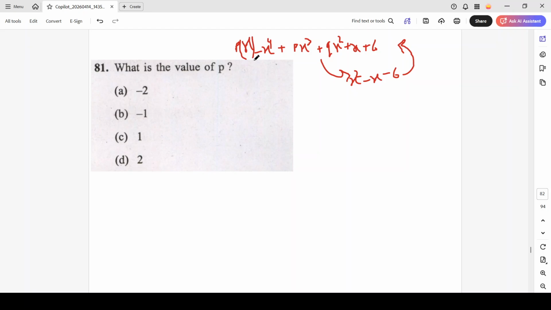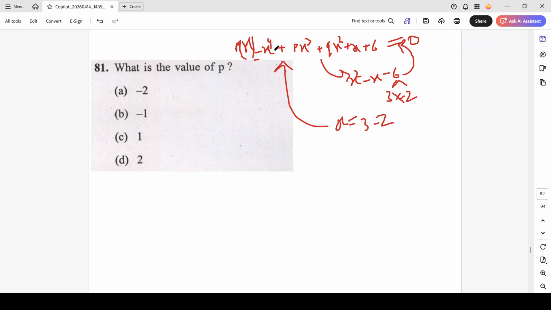So if we expand it, we find that x square minus x minus 6 is (x minus 3) into (x plus 2). So from here we get the value of x as 3 and minus 2. To find the value of p and q, if we put these values into the expression, it will equal 0.